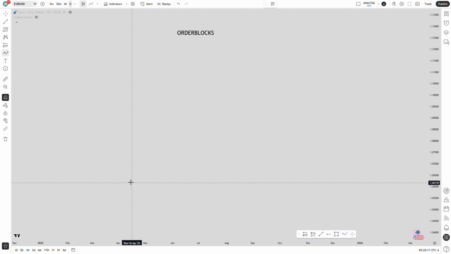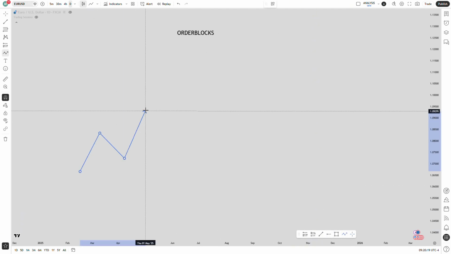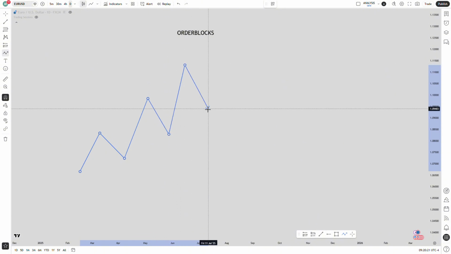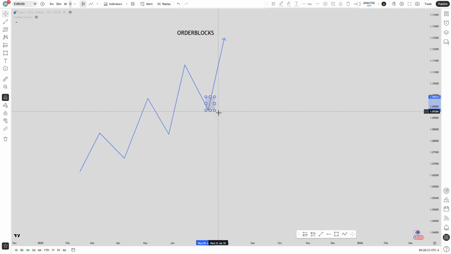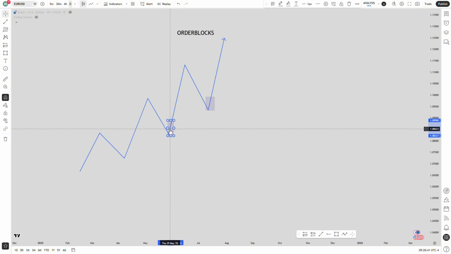For example, you have the market going in a bullish direction. So an order block is the last candle before this bullish movement, this bullish swing movement. Around this portion where you have the beginning of this bullish movement, there's going to be an order block there.